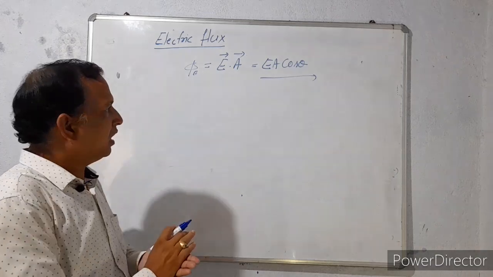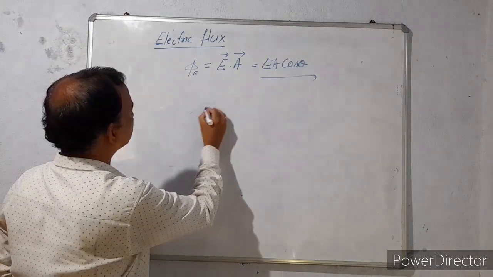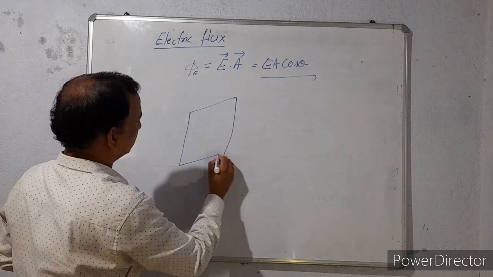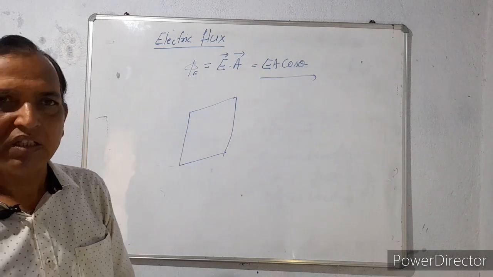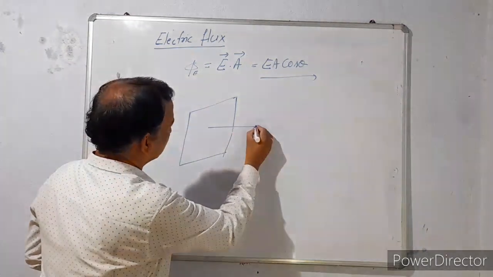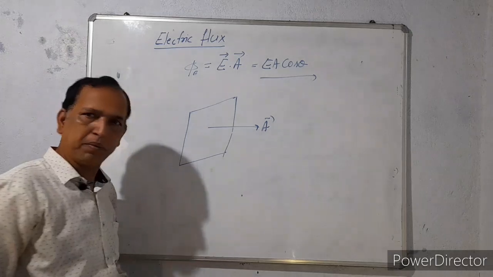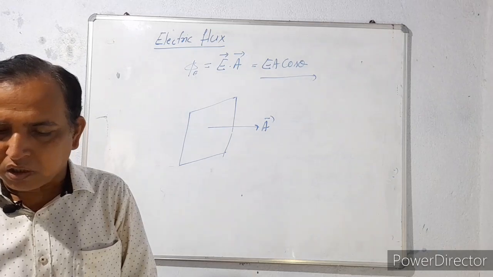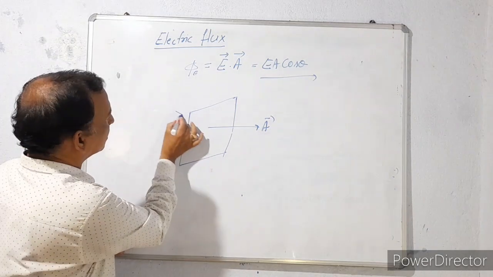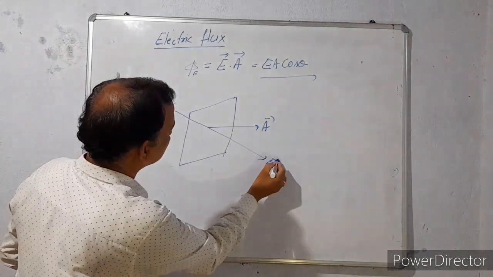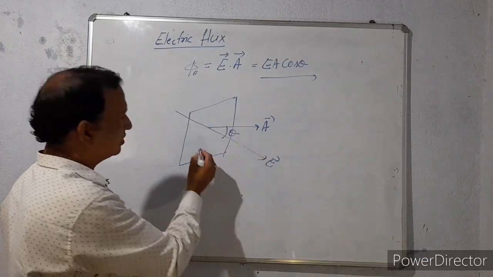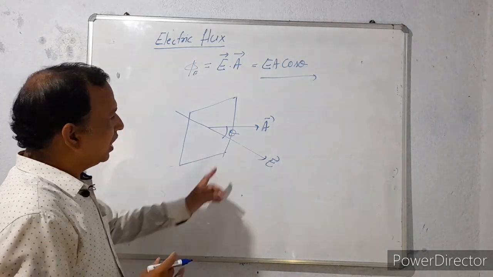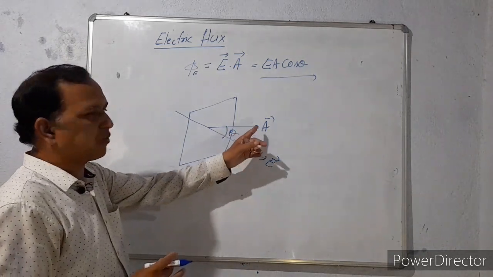So, for example, this is a surface, this is the area, confirm, this is the area, then your electric field is like this, angle is theta, confirm, angle is theta. So, in which case, what is the flux?